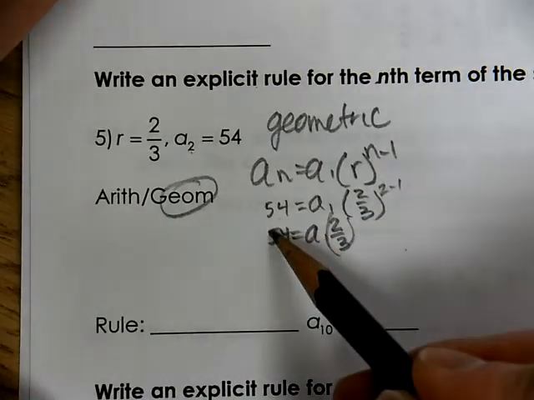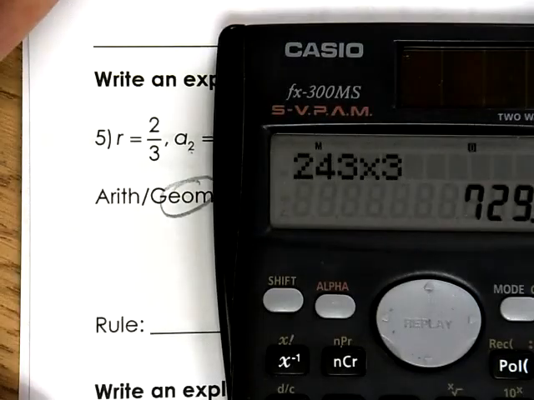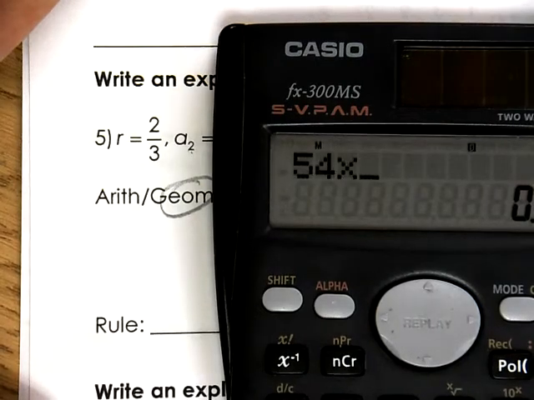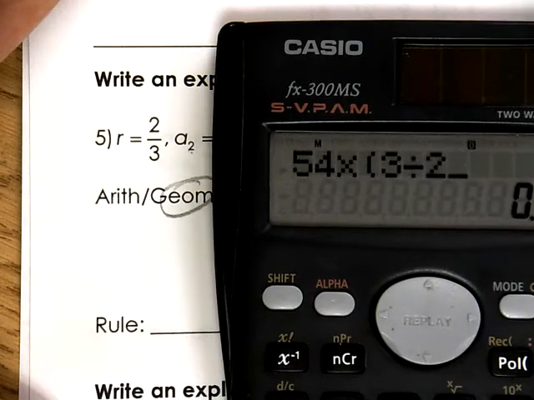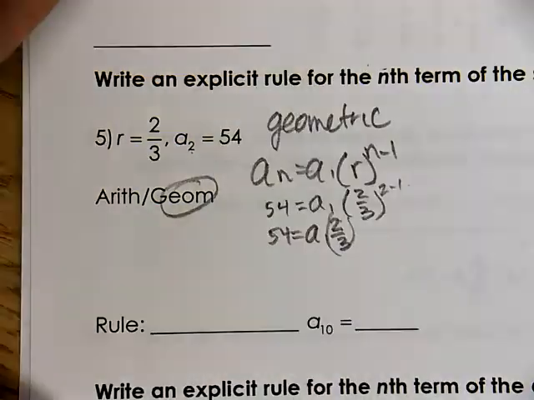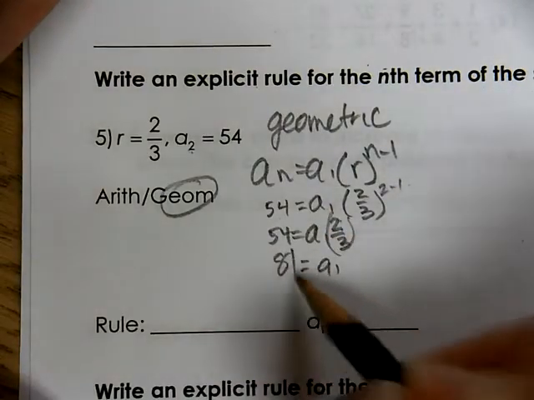So I'm going to multiply by 3 and divide by 2. So another way I can do that is take my 54 and times it by the reciprocal. We get 81. So a of 1 would have to equal 81.